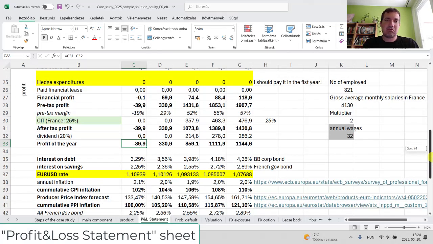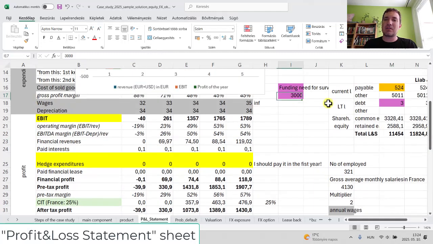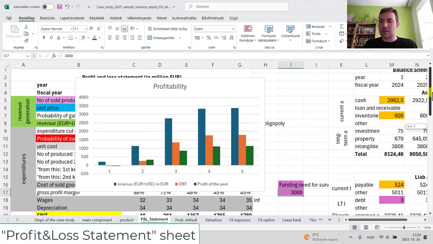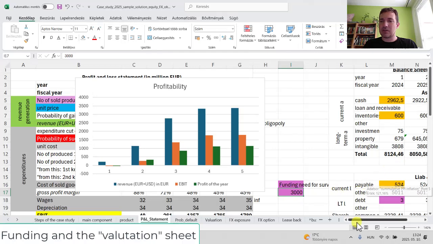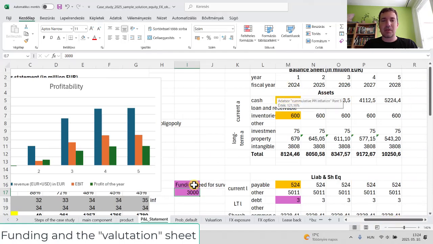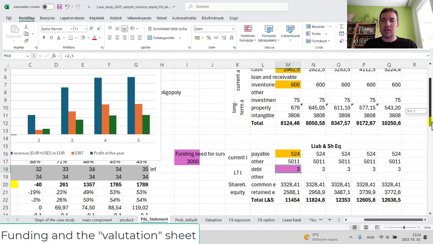But at the end of the day, you can set this up as you want. You should also not forget that after that it will determine what happens here, because this money will land in the cash reserve and you can burn through it or extend it further. But you also have to connect it somehow to the debt or to the equity.